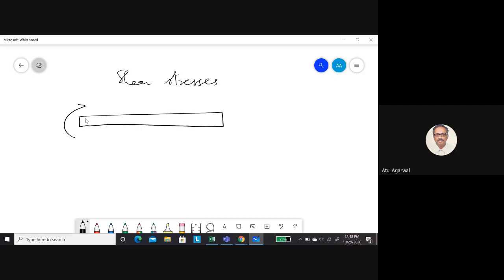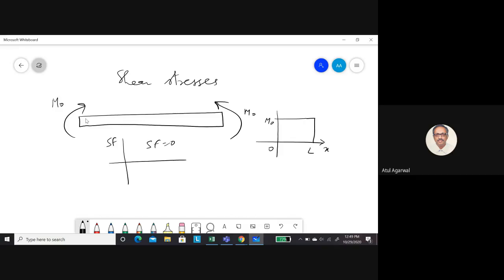Suppose this is like this. So your bending moment diagram is this. What is your shear force diagram? It is 0. Shear force is 0 everywhere.